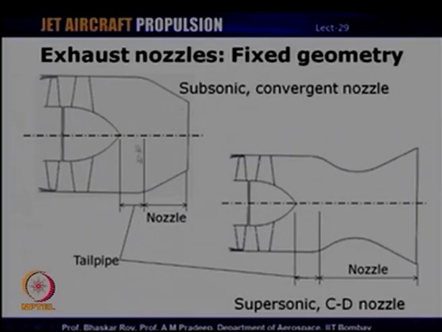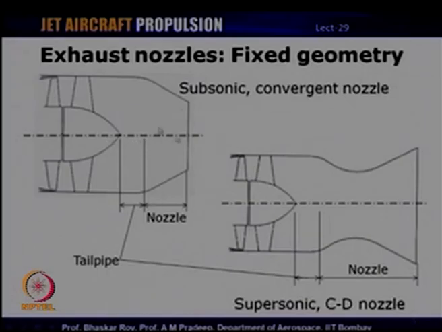The tailpipe is the component that is seen here, right after the turbine exhaust and after the turbine hub ends, all the way up to the entry of the nozzle. This is usually referred to as the tailpipe, and then we have the nozzle itself. A typical subsonic nozzle is convergent, that is, the nozzle area decreases axially.